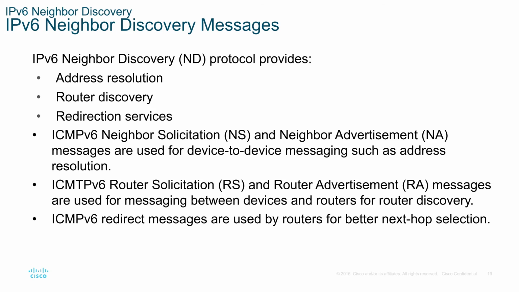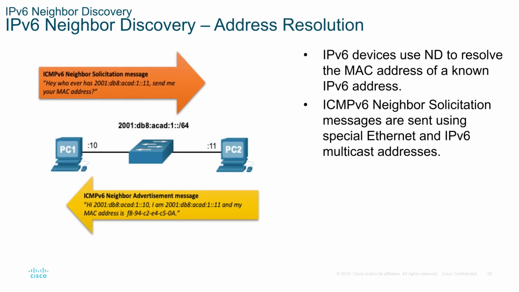The neighbor discovery, neighbor solicitation, router solicitation, and router advertisement messages are also used to supply IPv6 addresses to host devices. A PC can send out a neighbor solicitation, or NS message, asking who has a particular address and to get the MAC address.